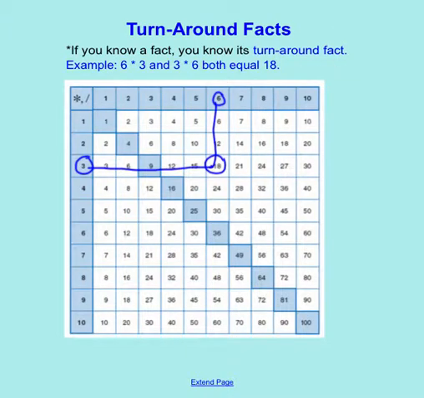Likewise, I can also find the 3 on the top and the 6 on the side and do the same thing. Run my fingers in the same row and same column until they meet, and I will find my answer, my product. So, turnaround facts.